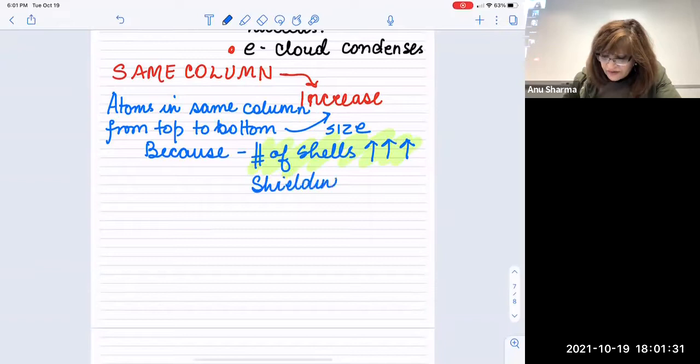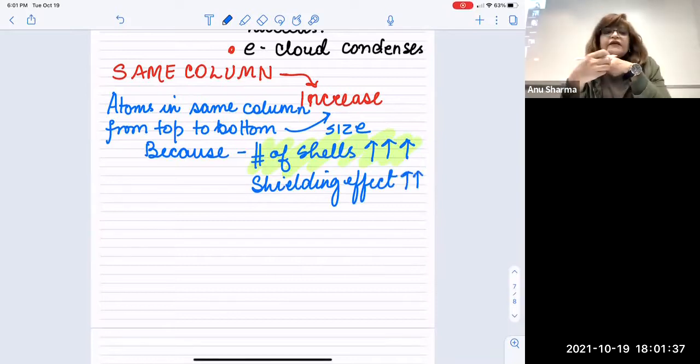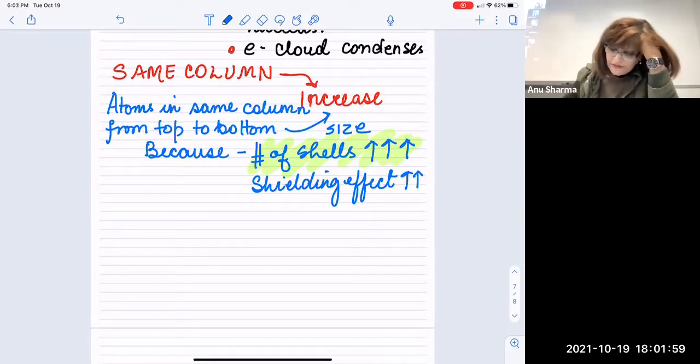Shielding effect increases, means that the electrons that are near the nucleus in the inner energy levels shield the electrons that are away from the nucleus, in the outer energy levels.